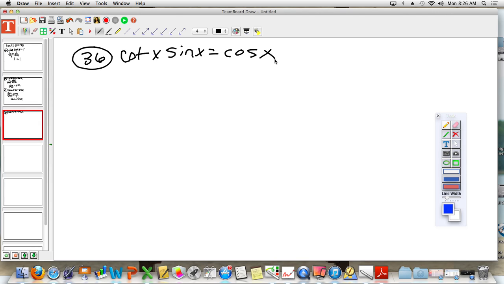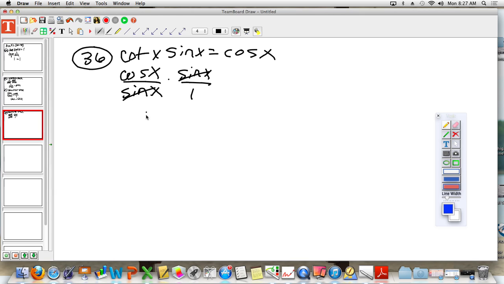It is the cosine over the sine. It's the reciprocal of tan, and tan is sine over cosine, so cotangent is cosine over sine. So we have the cosine of x divided by the sine of x, multiplied by the sine of x over 1. I think they cancel out. Seems like a theme.